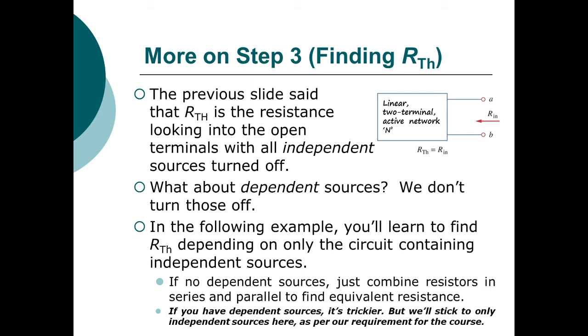The example we are going to try next will also have only independent sources. But you have to remember that if the circuit has dependent sources, then the analysis for finding the Thevenin equivalent resistance will be different. But as per our syllabus criterion and the scope of study, we will confine ourselves only to independent sources.